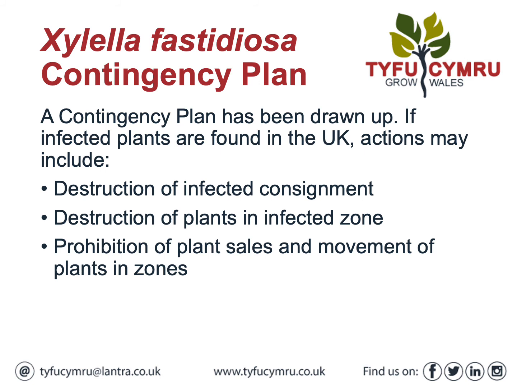If it arrives on a nursery or some other site, then plants could be destroyed in the infected zone, and prohibition of plant sales and the movement of plants within and from those zones would occur. So quite a lot of impacts possible on businesses if it gets into this country. So again, another very important reason for stopping the spread of Xylella and making sure we adhere to biosecure practices.